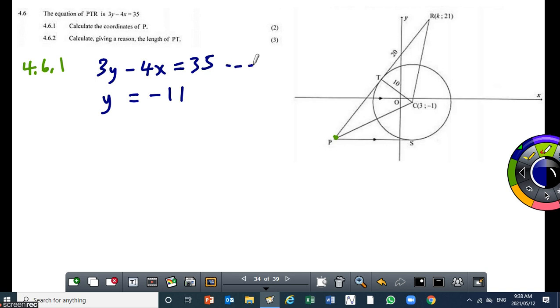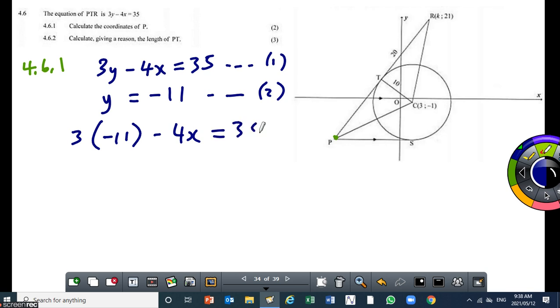Maybe I can call this one equation 1 and that one equation 2. So we can substitute equation 2 into equation 1, which is very simple. Which means it becomes 3 times minus 11 minus 4x equal to 35. This will give you minus 33 minus 4x equal to 35. And you get minus 4x equal to 68.